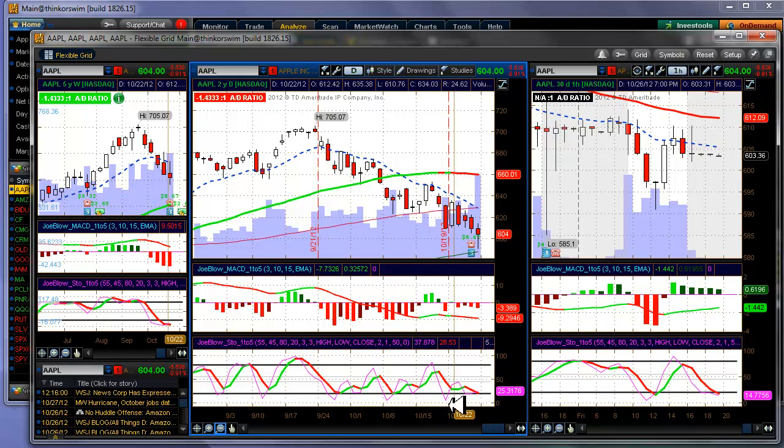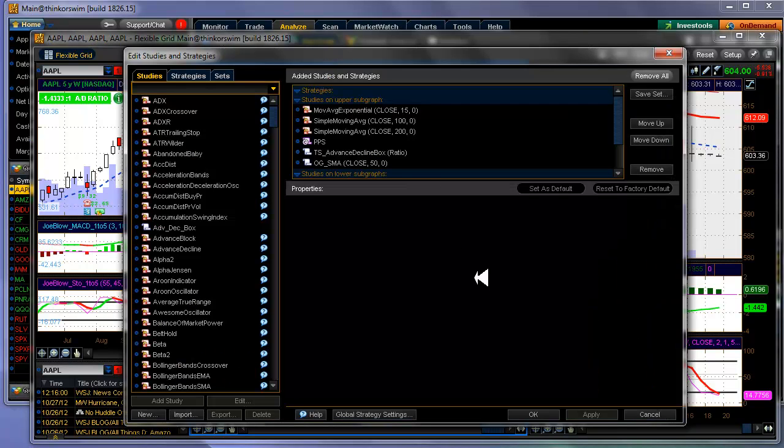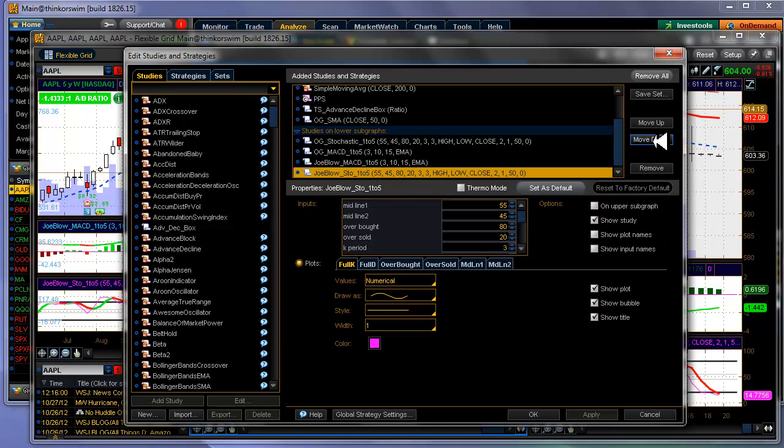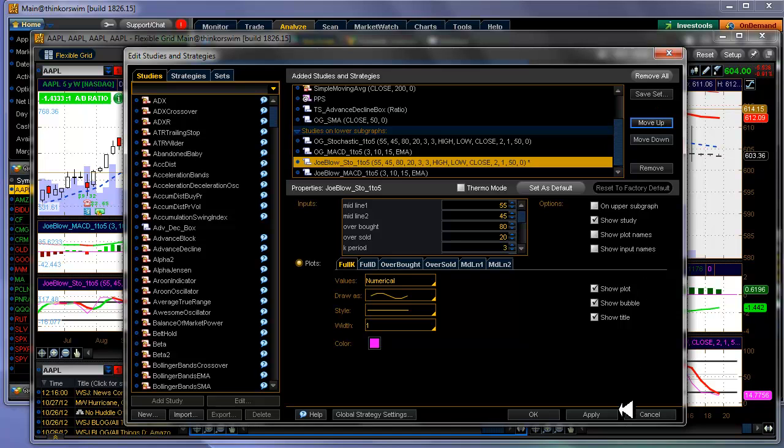Now the other thing that I want to do is I'm used to having the stochastic on the top. So I'm going to change that, and I'll click up here to edit studies, slide this down here and say that I want the stochastic and I want to move it up.